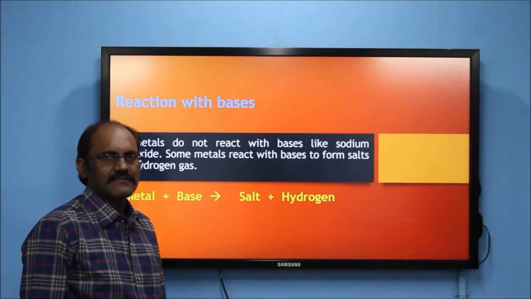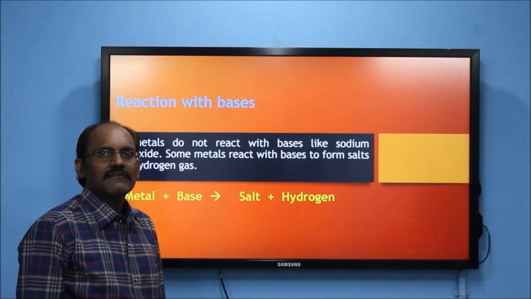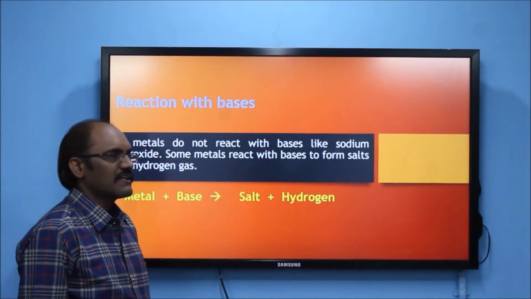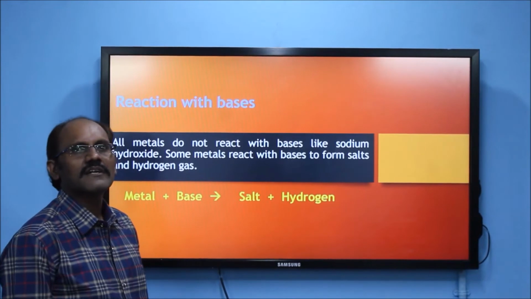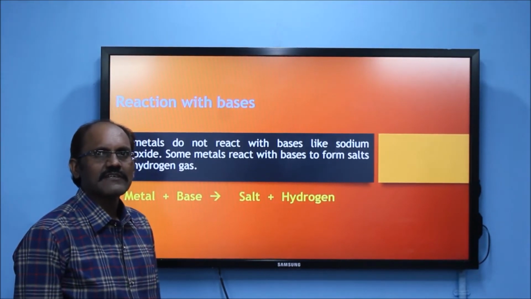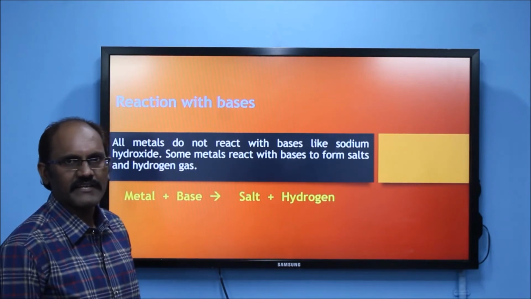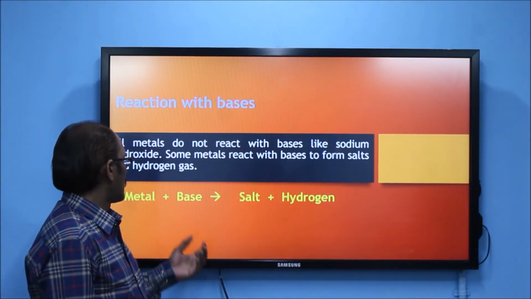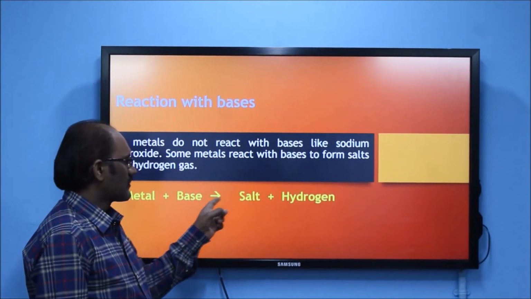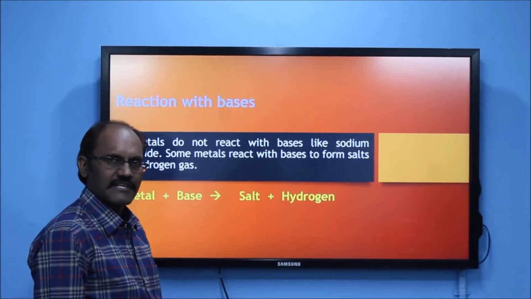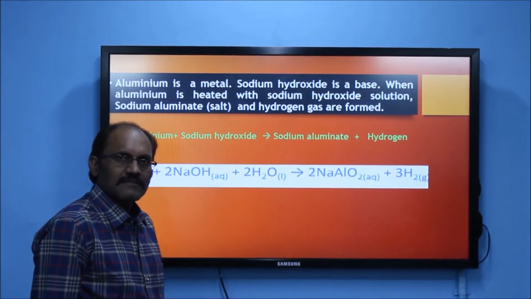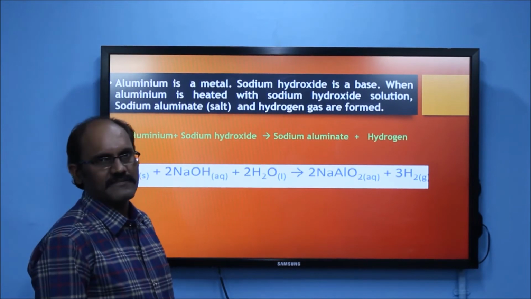Reaction with bases. When a metal reacts with a base like sodium hydroxide, it can form salt and hydrogen. But not all metals react with bases like sodium hydroxide. For example, aluminium is a metal, sodium hydroxide is a base.